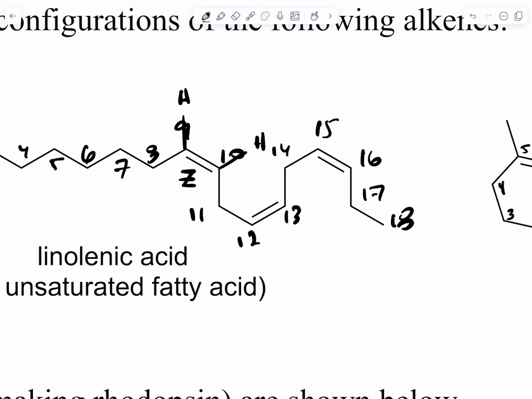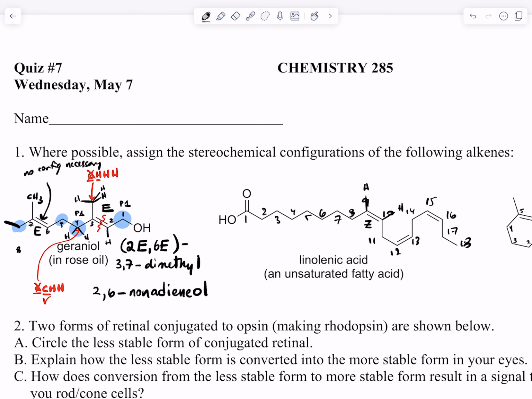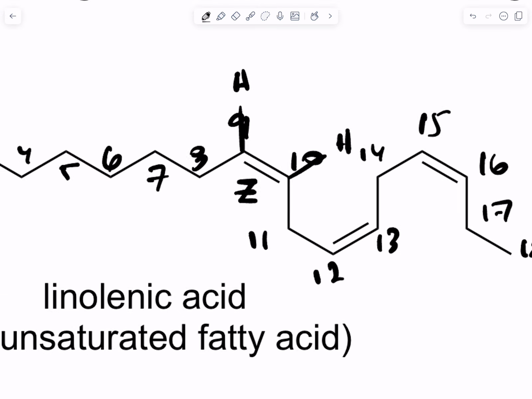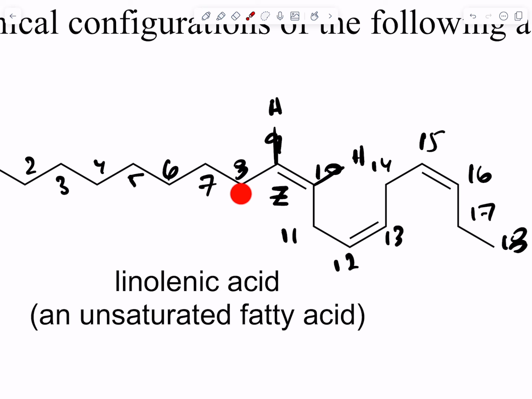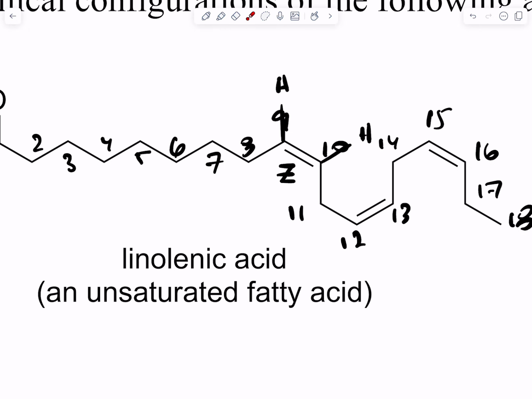Go ahead. So in the other example, when we got to the end where they were bonded to the same thing on both sides, isn't that the same situation with the Z? I'm glad you asked. This is great. First, a couple of things.